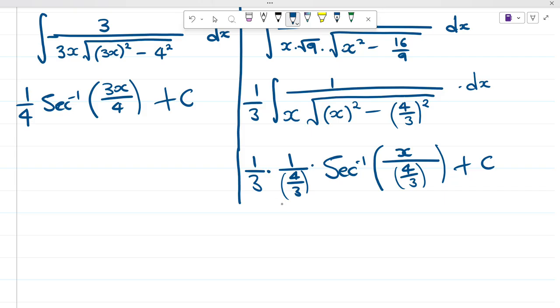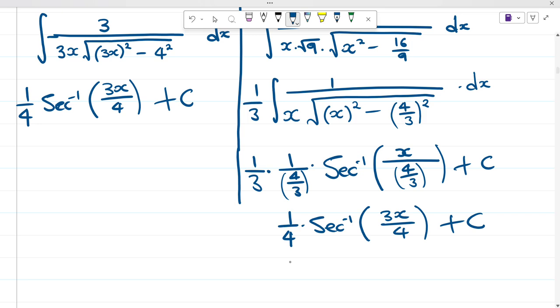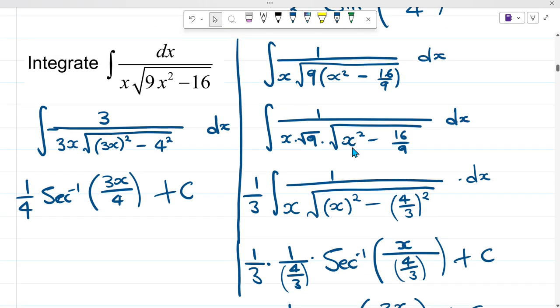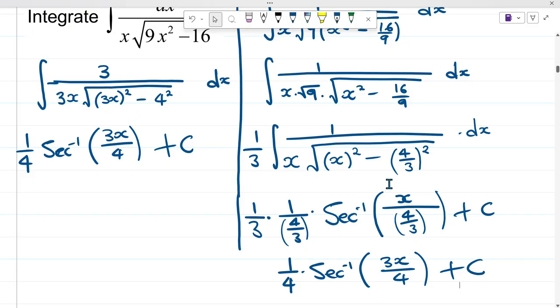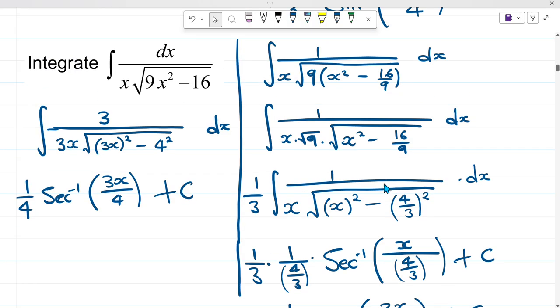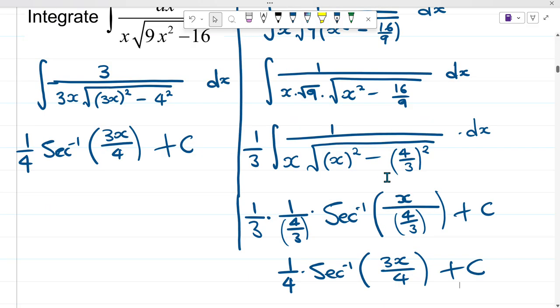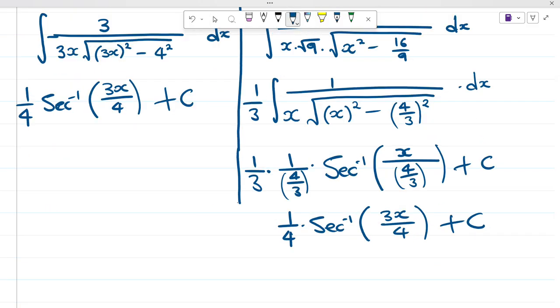So the 3 and 3 cancel out, giving 1 over 4 sec inverse of 3x over 4, plus c. That's it. You can see that these two things are the same, however I used a different approach. You understand? So the third case could be the following.